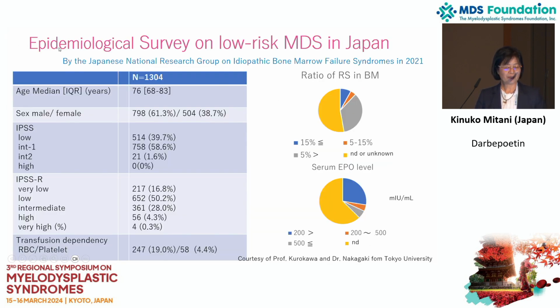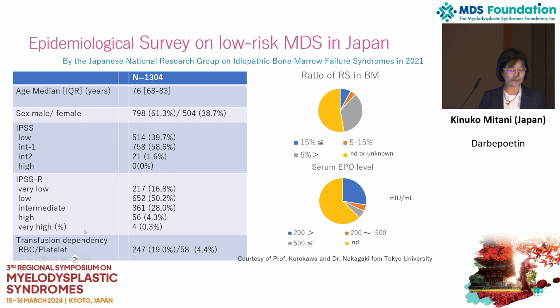This slide shows an epidemiological survey on low-risk MDS in Japan conducted by the Japanese National Research Group on idiopathic bone marrow failure syndromes. Median age was 76 years old. Male ratio was 61%. In IPSS, low and intermediate-1 patients accounted for about 40% and 59%, while in IPSS-R, very low, low, and intermediate patients accounted for about 17%, 50%, 28%.